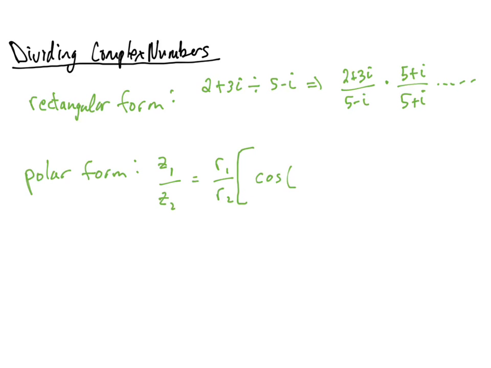So we'll say cosine theta 1 minus theta 2 plus i sine theta 1 minus theta 2. So that will be our algorithm when we are trying to divide complex numbers in polar form.